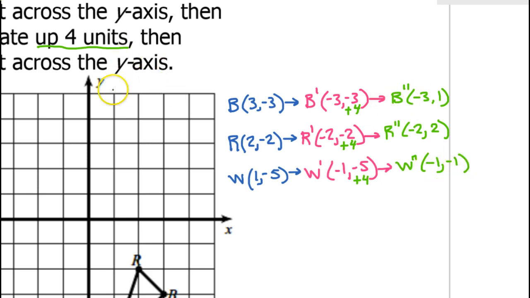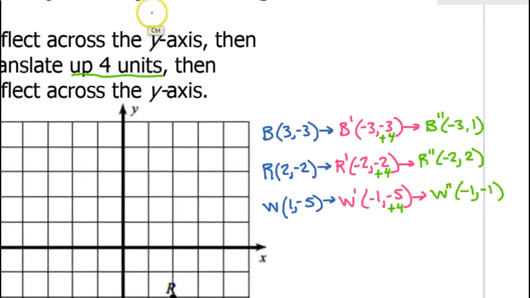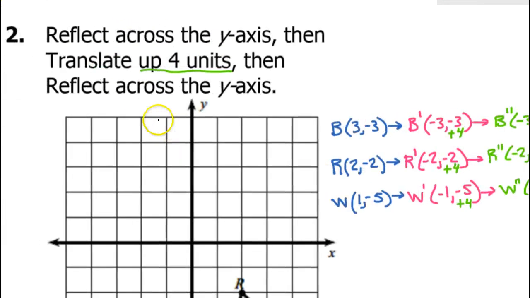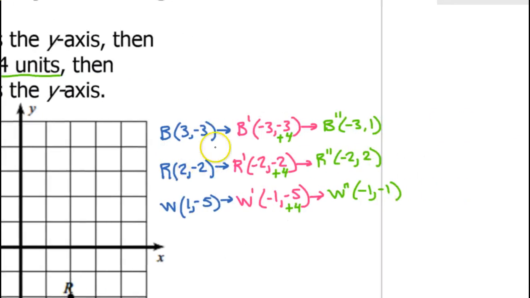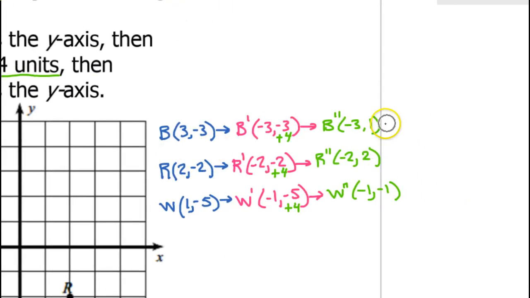Okay, so now I have reflected across the y-axis, and I've translated up 4 units. Now it's time to reflect across the y-axis again. Okay, let me go ahead and draw my arrows before I change colors. Okay, now this is going to be the final answer.